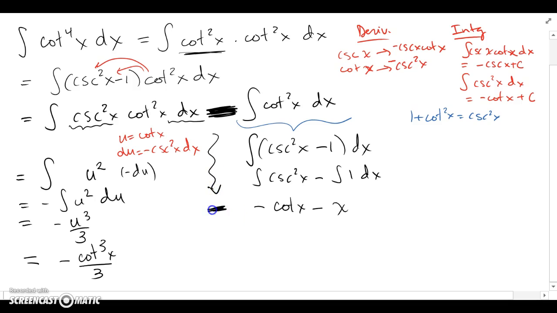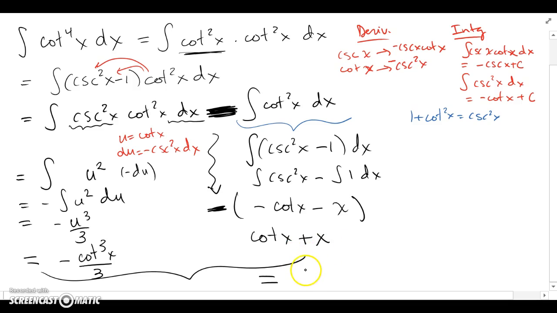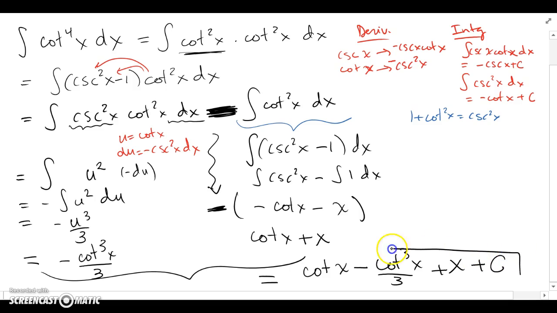Don't forget the minus in the front. That's going to give us cotangent x plus x. So I took care of both pieces. Let's put it all together. And we end up with, I'll put the positive term first, cotangent x minus cotangent cubed x over 3 plus x plus c for our final answer.